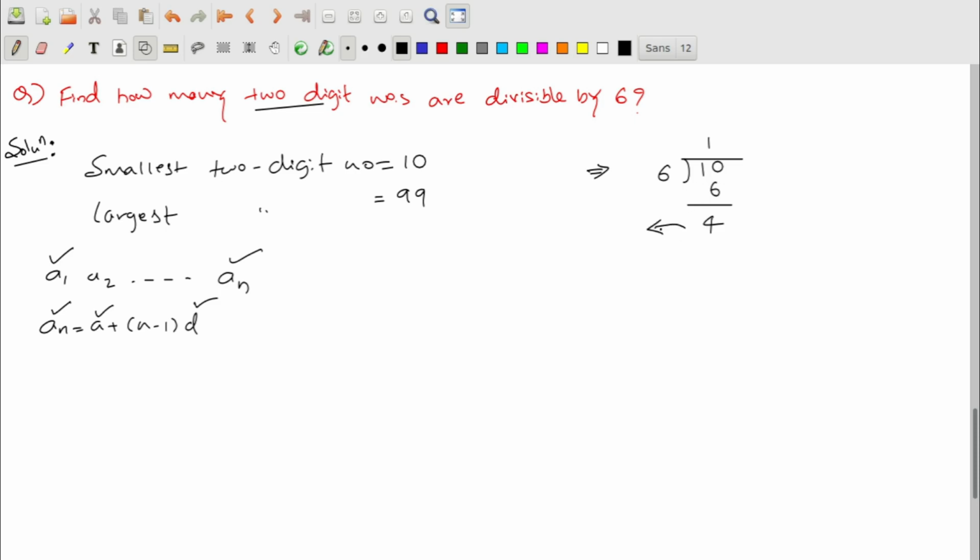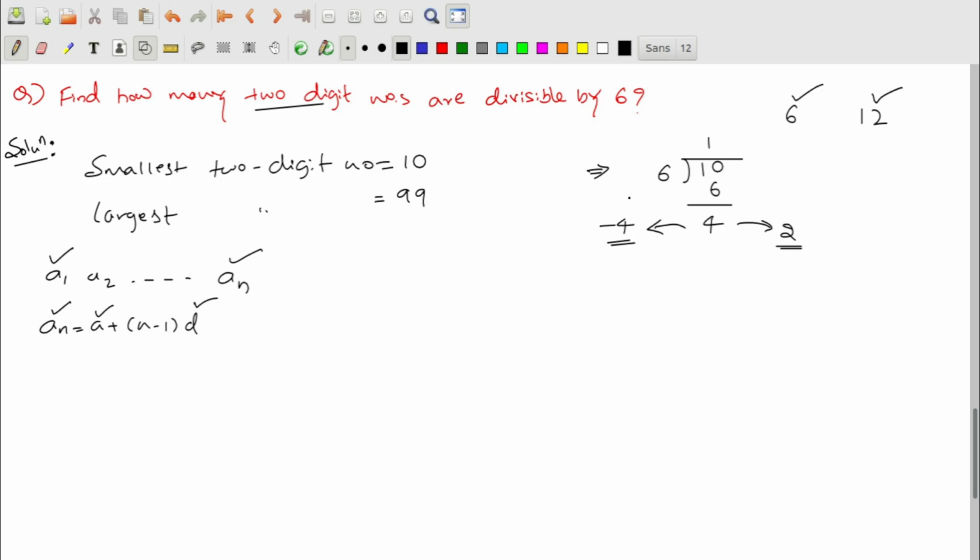Either you remove this 4, that is minus 4, then this 10 will become 6, or you add 2 to it, then this 10 will become 12. These two are divisible, right? Just remember, either you remove 4 or add 2, because the difference between 6 and 4 is 2. So you will get 6 in one case, you will get 12 in the other case.